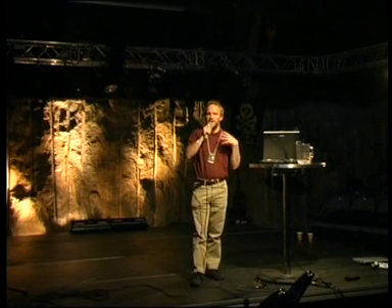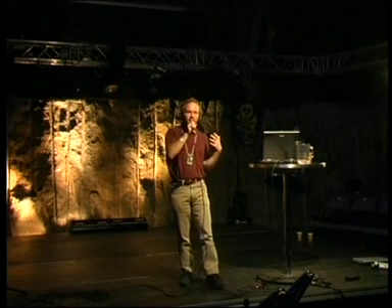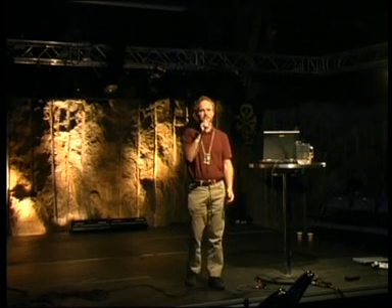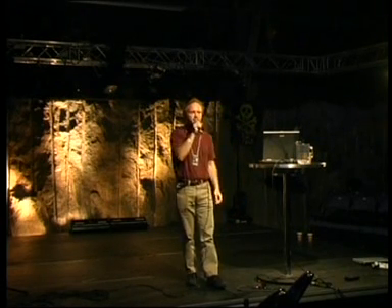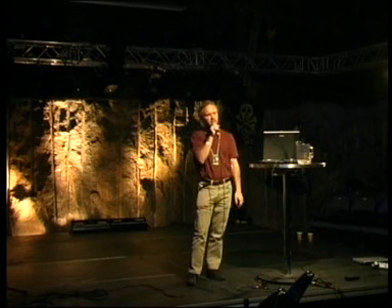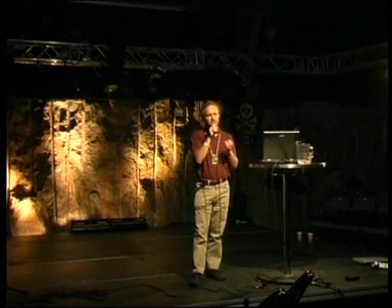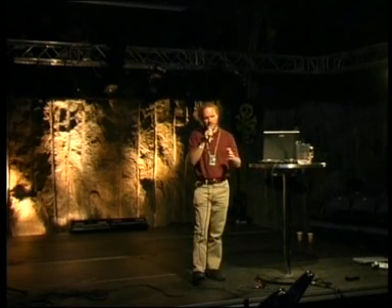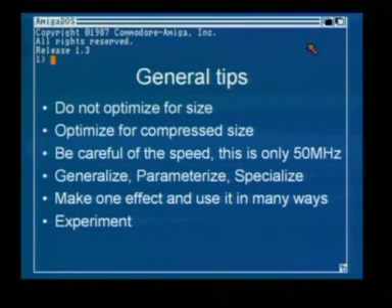And then there's this way of going about making things that I have found useful, this three-step thing: generalize, parameterize, specialize, which means that first you make some very general routines, some very general effects. You figure out you need something to do transformation. You make some very general transformation code.